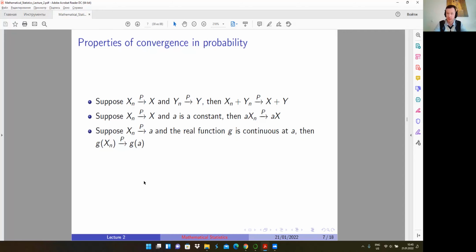But we will discuss this later. Similar to the first property, if we have two variables convergent in probability to their respective probability limits, then the product of these sequences converges in probability to the product of these random variables. Again, we will need this. I will refer to these properties in the next lectures.